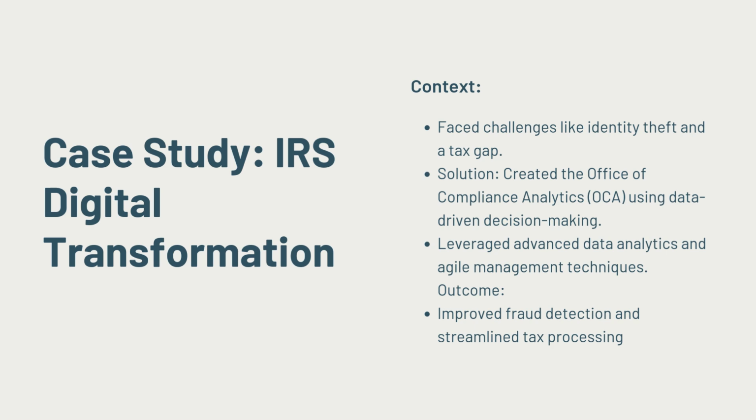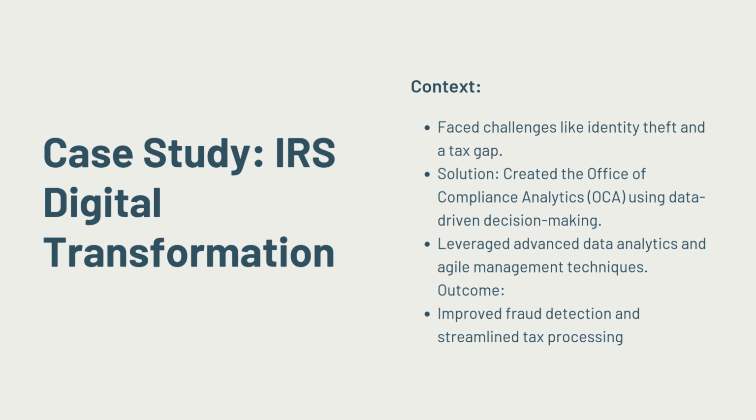To address these problems, the IRS created the Office of Compliance Analytics, or OCA. The OCA introduced data driven decision making practices using advanced data analytics to implement fraud detection strategies and close the tax gap. The key here was leveraging data analytics to identify patterns in tax filings and fraud cases.